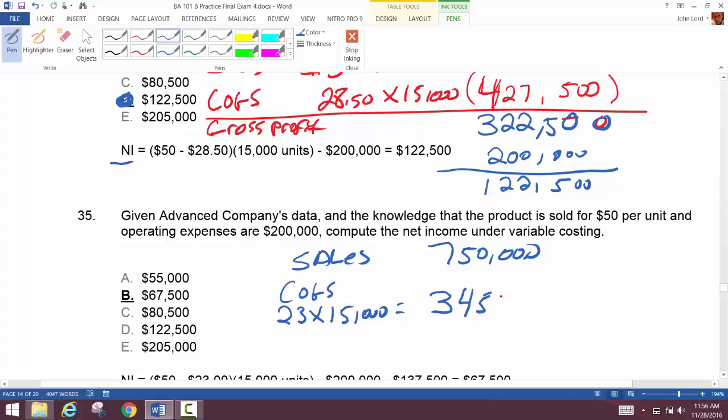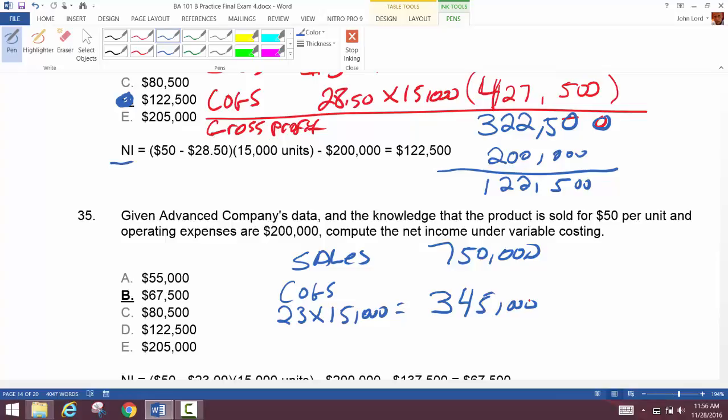345,000? Now, Omar, I don't know what you'd call this number. I can't call it contribution margin because this problem isn't telling me of those operating expenses that they're just throwing into this problem, which are variable and which are fixed. So I can't even call this contribution margin. I don't know what you call this. You call this a stupid number that means nothing. Okay, the difference between these two.